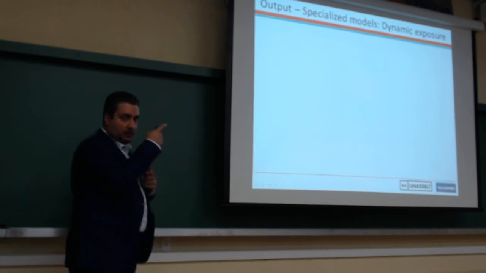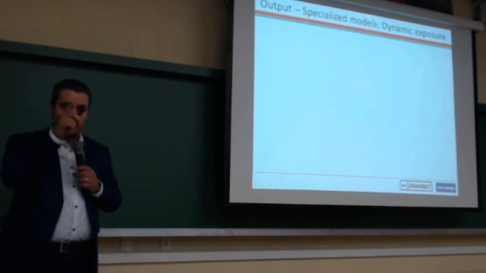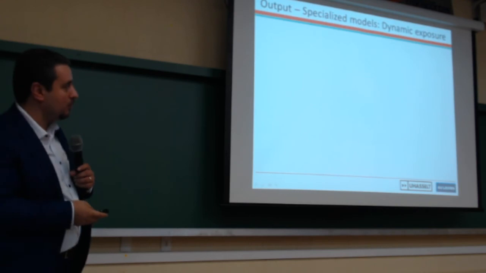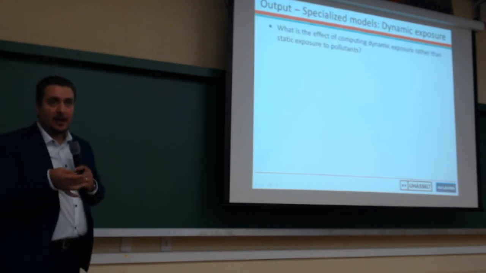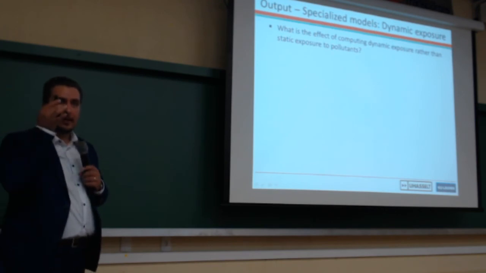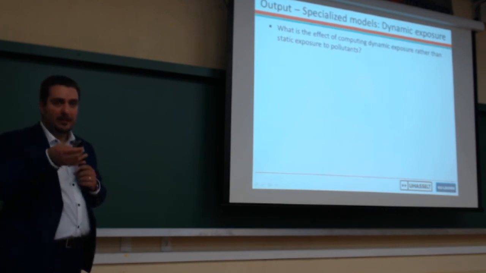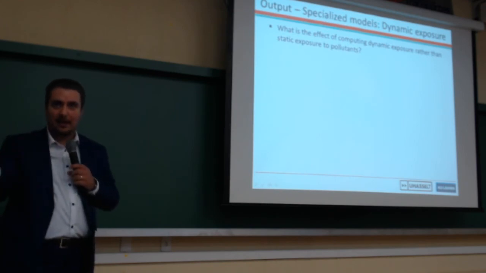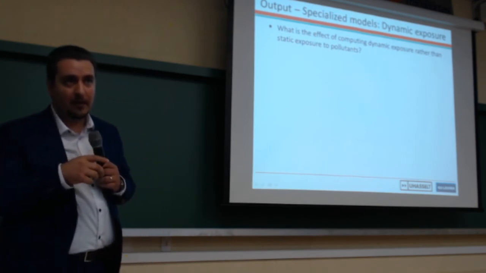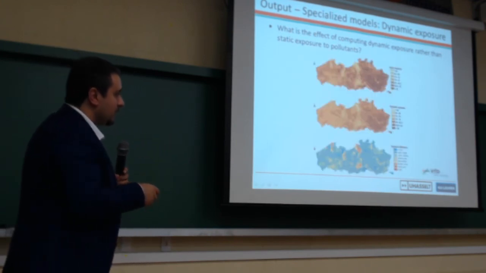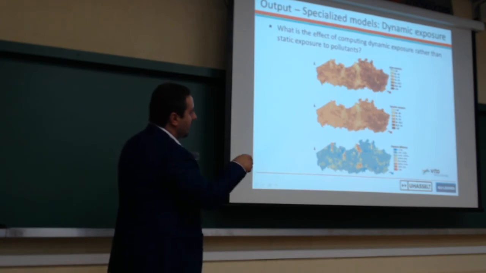So that's what you have to take into account. Here is why, when I talked about average annual daily traffic or dynamic exposure, it can be important. What could be the effect if we have dynamic exposure, meaning that we have it for every hour of the day, or a static one, which means we just have one value for that? The upper map shows the exposure to pollutants using a static exposure, and here using dynamic exposure.